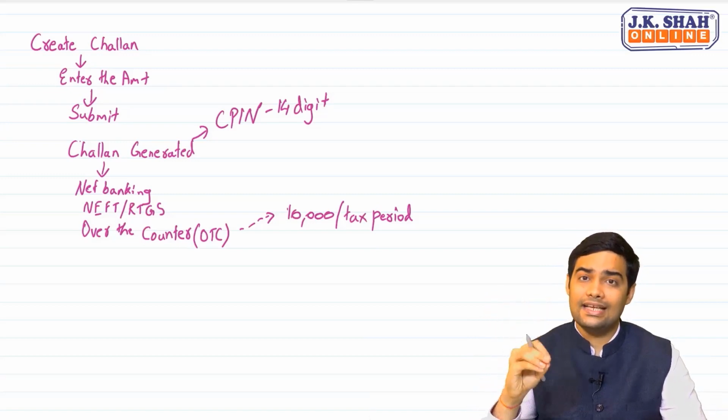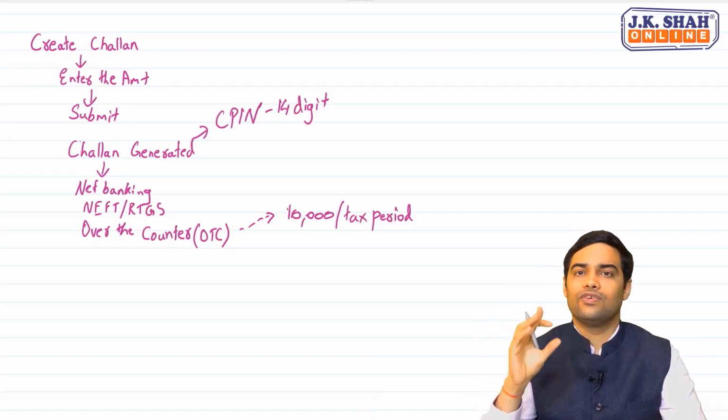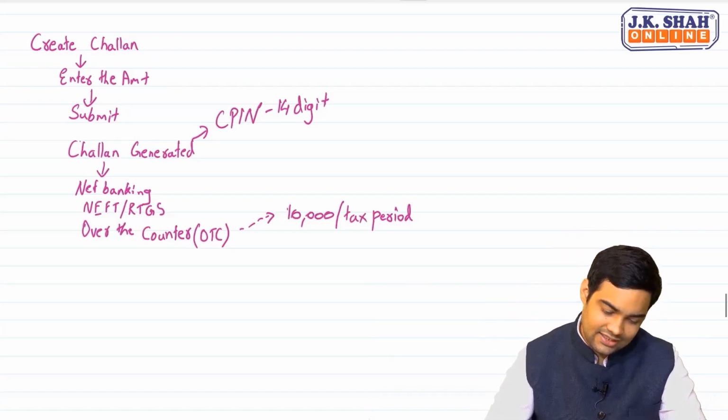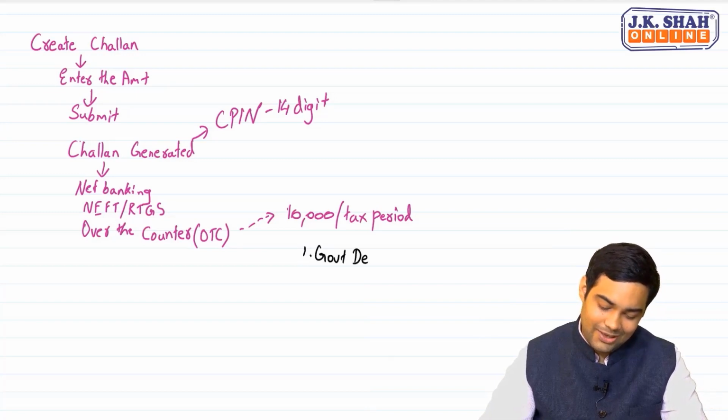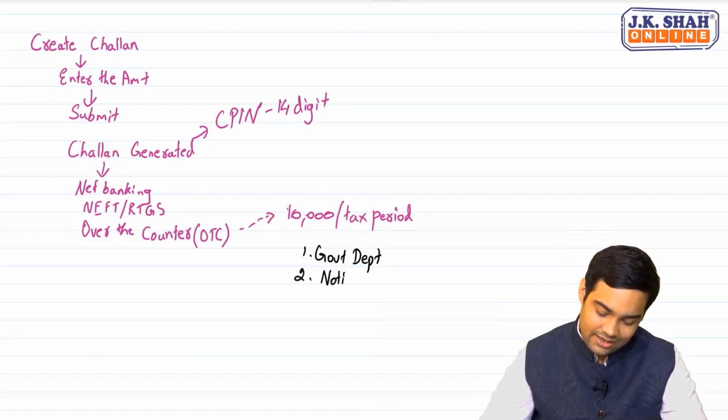Understood? Okay. Now, the second important discussion in this is those cases where this limit of 10,000 does not apply. That means in these cases, any amount can be paid through over the counter. The first one is government department. Obviously, government department can pay any amount through over the counter. Second, any person notified by commissioner.